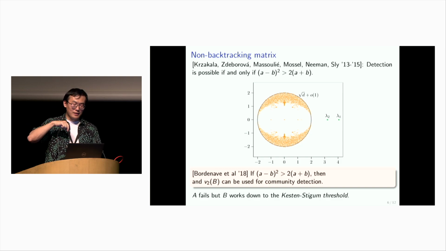If you are below the Kesten-Stigum threshold, this inference problem will break down. And that implies the stochastic block model problem will break down. So this is how you see the Kesten-Stigum threshold. You should think of the Kesten-Stigum threshold as a threshold on a certain random tree process. Okay, thank you.